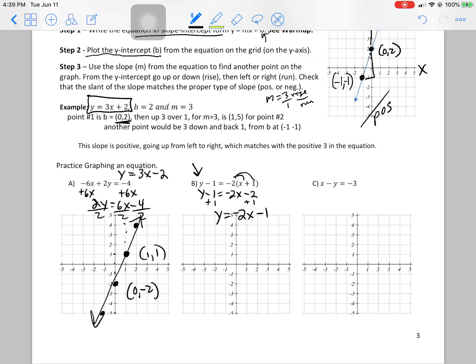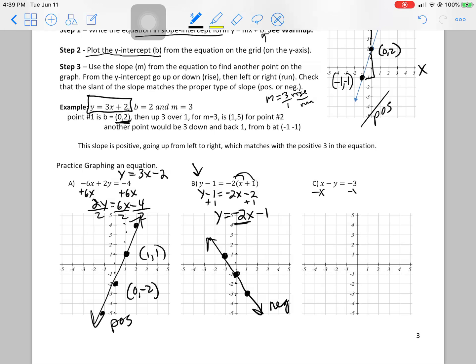So our y-intercept is negative 1. And our slope is down 2 and over 1, or up 2 and back 1. That goes in a negative direction, right? That's a negative slope. This was a positive slope, so make sure you end up going in the right direction. We wanted our m to be negative 2, and that looks right, okay?